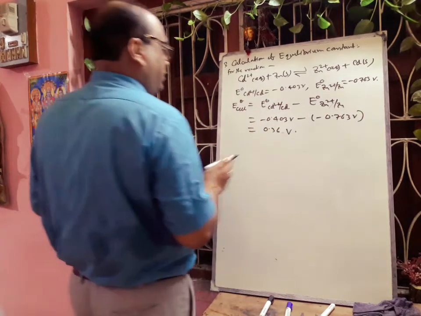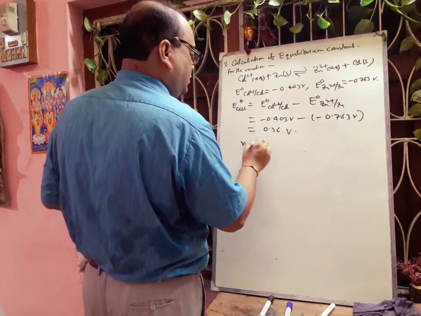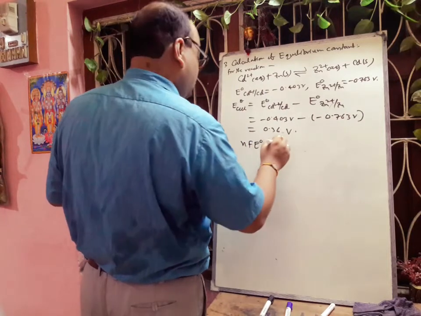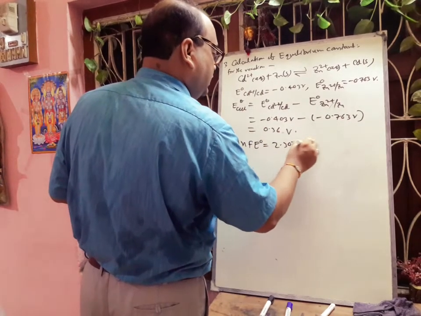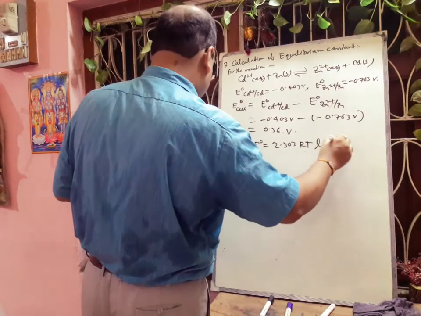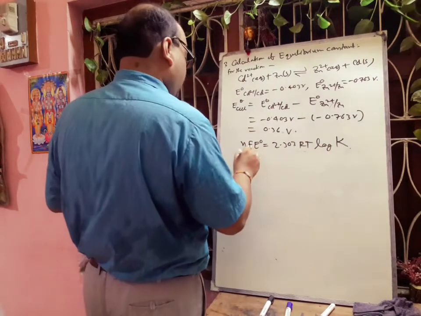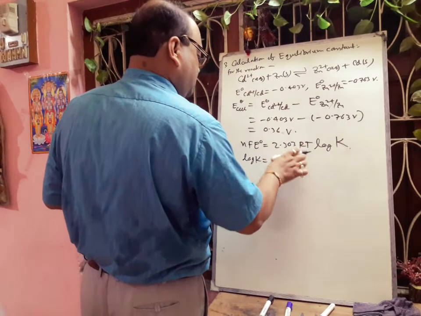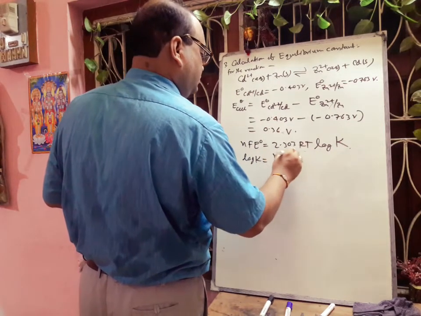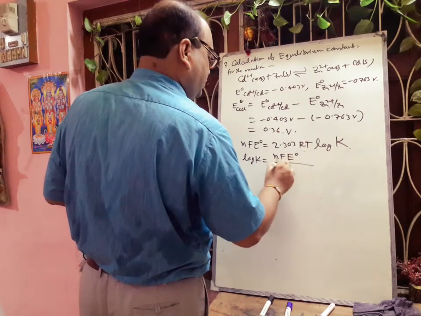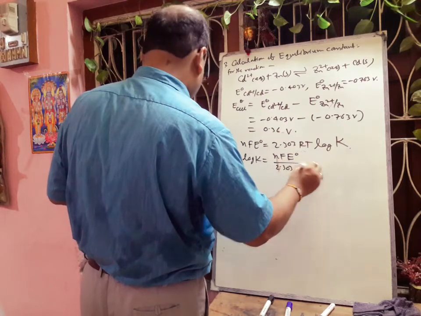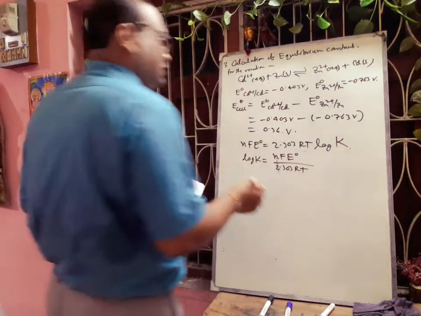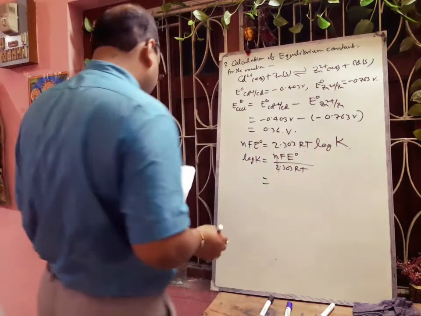Now we know from the equation that nFE0 is equal to 2.303 RT log K, or log K is equal to nFE0 divided by 2.303 RT. Now if you put in all the values, we can easily calculate the K value.